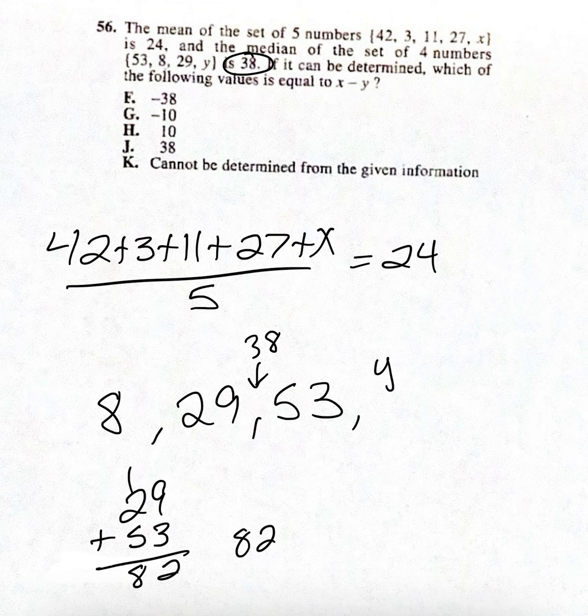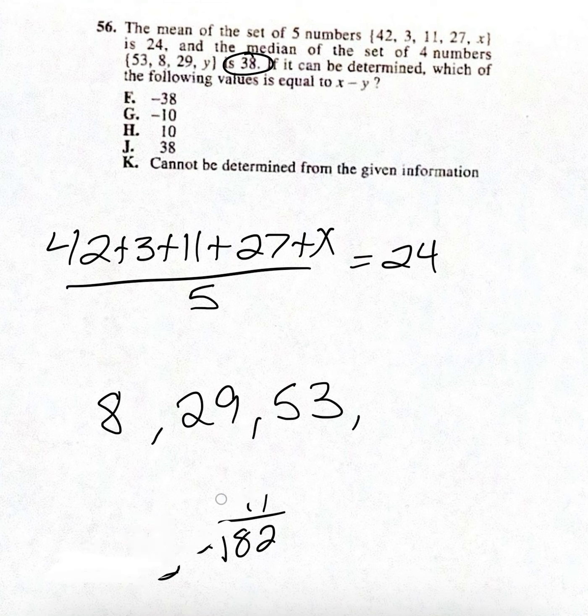If you divide 82 by 2, you don't get 38, you get 41. So we know y can't go at the end because that would mean that the median would be 41 and not 38. So y has to go in between 29 and 53. The fact that we have narrowed down where y has to be makes me confident that we can solve for what y can be.